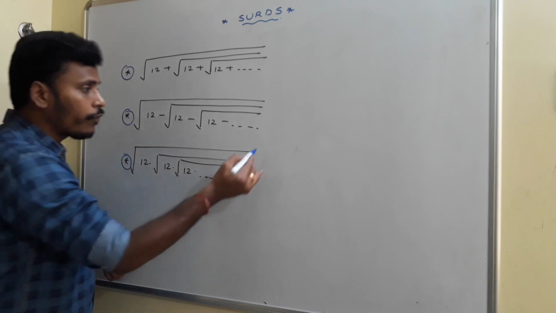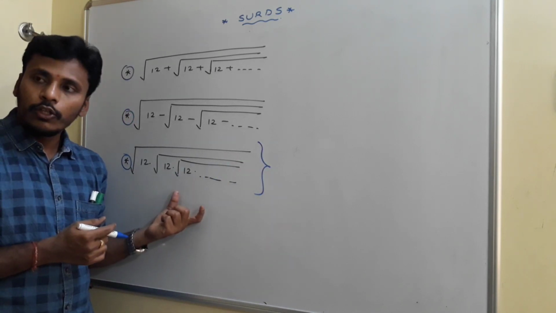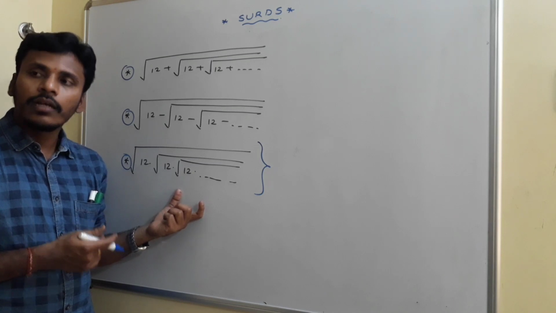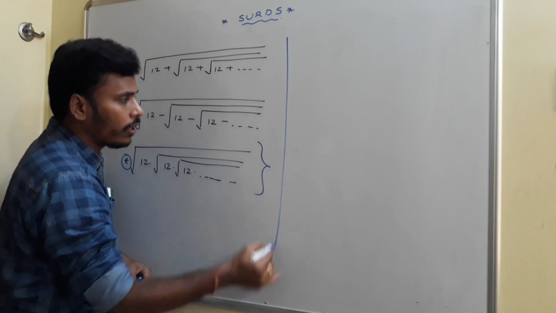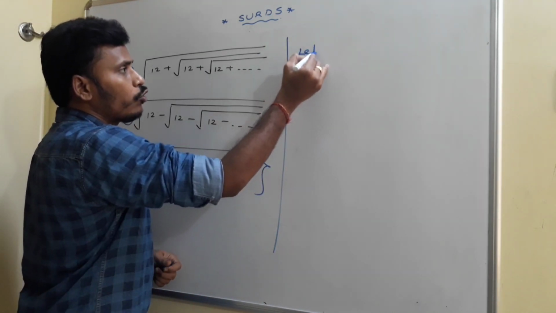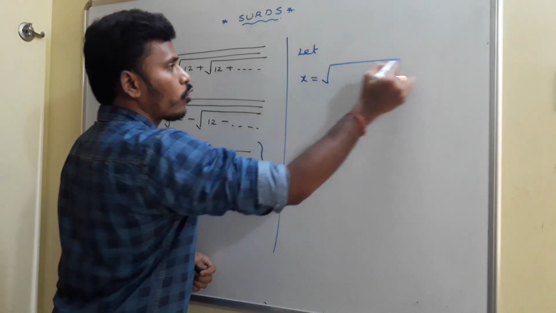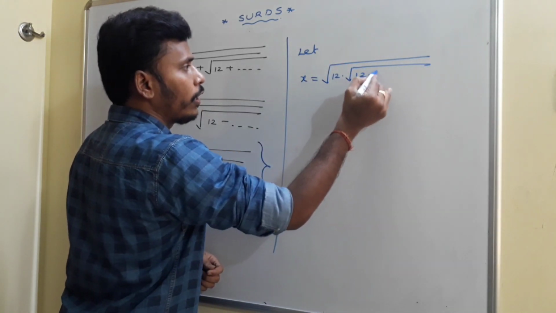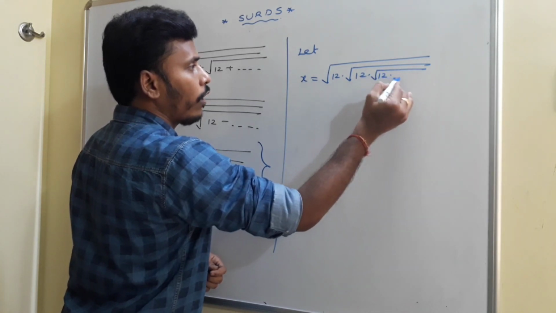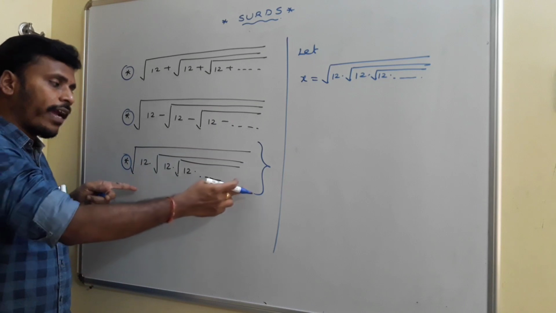Now for example, if you wish to solve this, you just let this be some x or some y, anything. Let x be equal to square root of 12 into square root of 12 into square root of 12 and so on. We need to find this value.